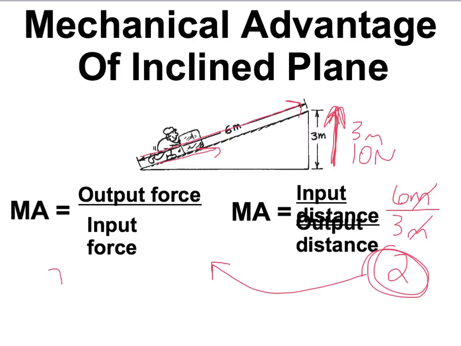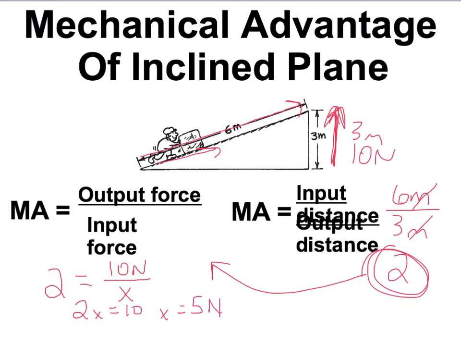Now, if you have a mechanical advantage of 2, the output force is 10 newtons, and the input force is, we don't know. So this is how much force you're pushing the block of ice up the inclined plane. If you shuffle around the numbers, you'll see that 2x equals 10, or x equals 5 newtons.